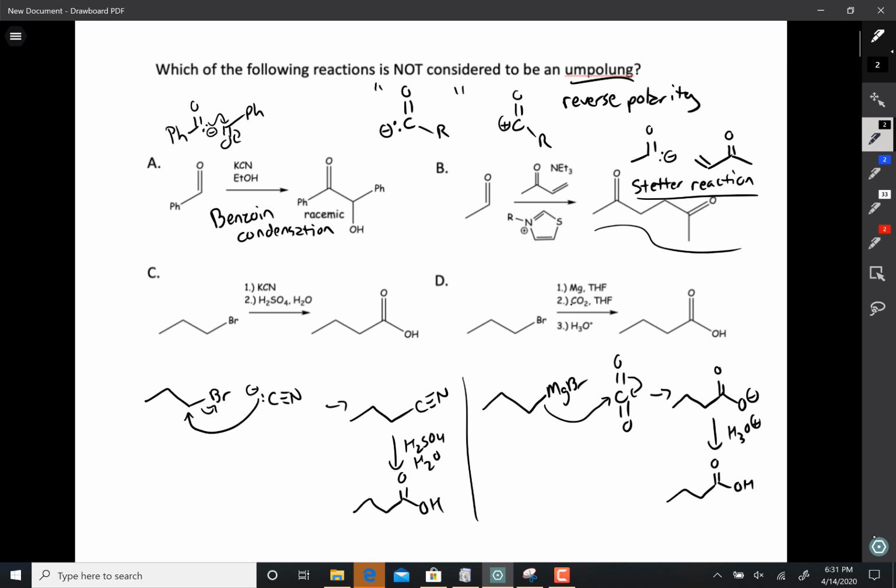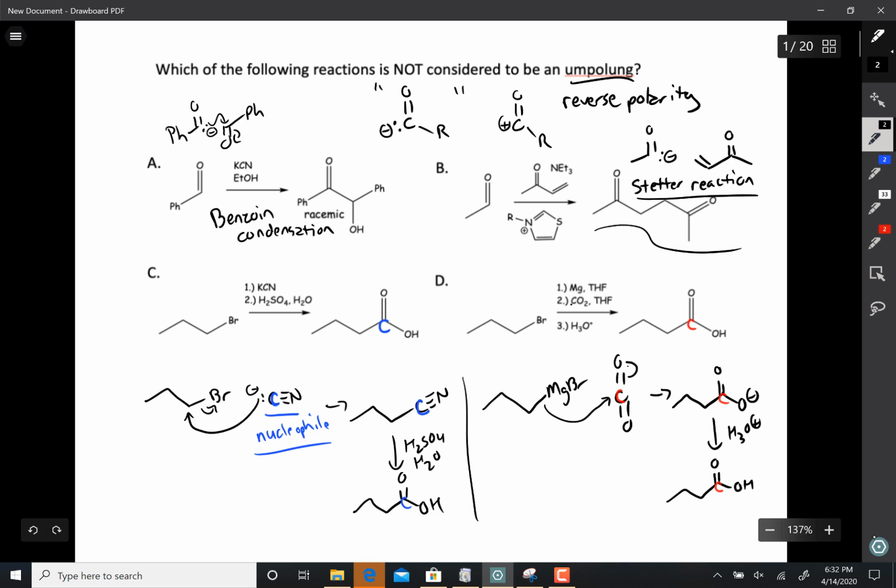Well, if we take a look, the carbonyl carbon, this carbon right here, comes from this carbon. And if you notice over here, this carbon is a nucleophile. If we take a look over here, this carbon is this one, and I see now I drew the arrow in the wrong direction.